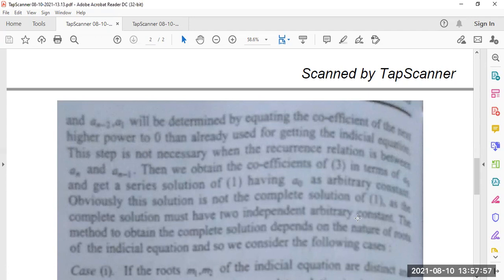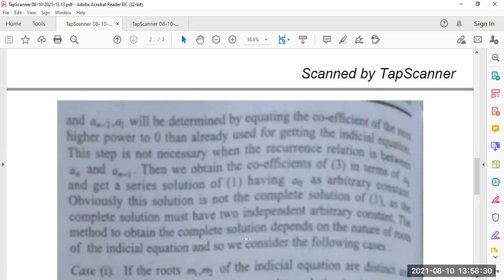So after solving it, this is the fundamental theorem of solving a differential equation: the order of the given differential equation tells how many arbitrary constants we get. But previously we had only the a0, so it was not the complete solution.